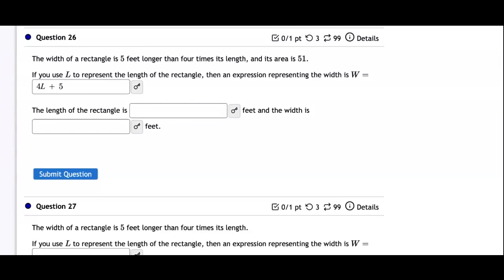Then 4L times negative 3 is negative 12. Then 17 times L is 17L. 17 minus 12 is 5. So if we don't know how to factor, always use the quadratic formula. So this one I can factor as 4L plus 17 times L minus 3.